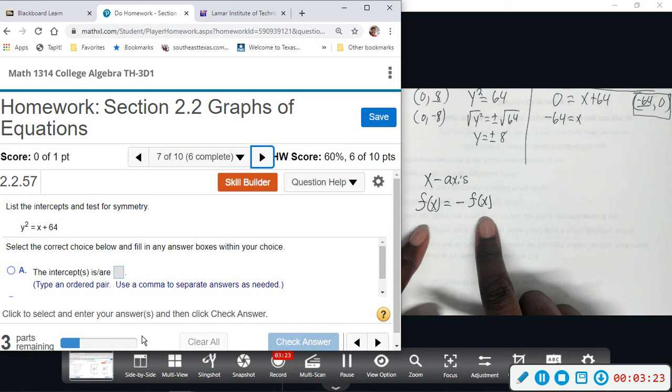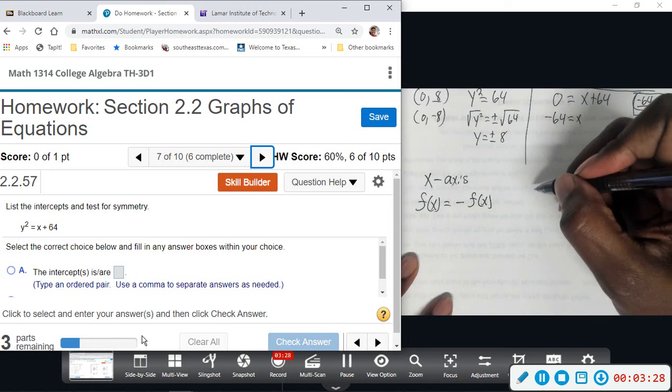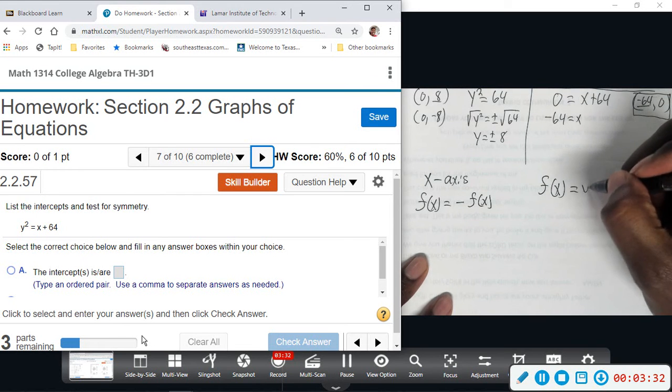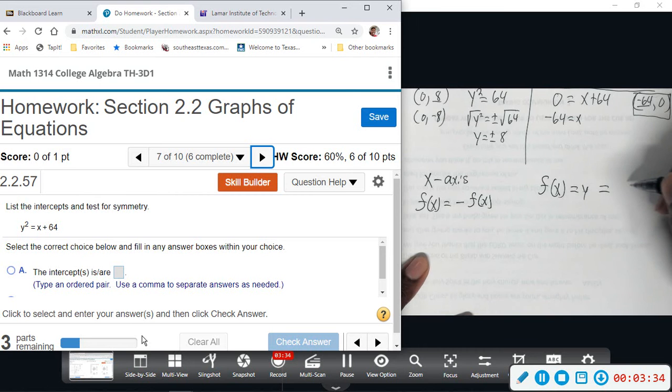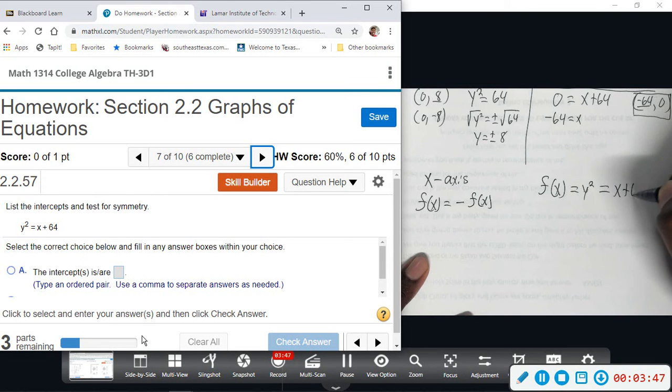So what that means in this case is we have, let me write it like this, f of x is equal to y, which equals, in this case we have y squared, which equals x plus 64.